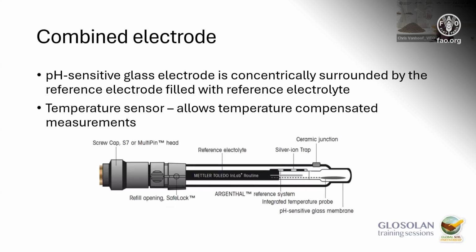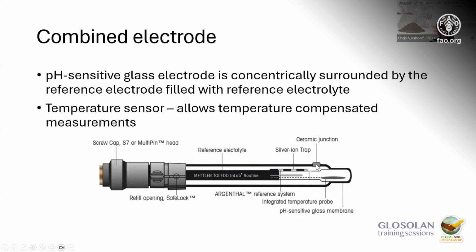This is a figure of the combined electrode as we see it. We have discussed already that you have your measurement electrode and your reference electrode with the different parts, and this is combined. It's most of the time a glass cover with the reference electrolyte inside. Here is the silver ion trap, as I just discussed.